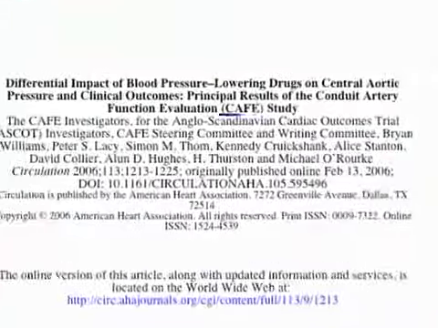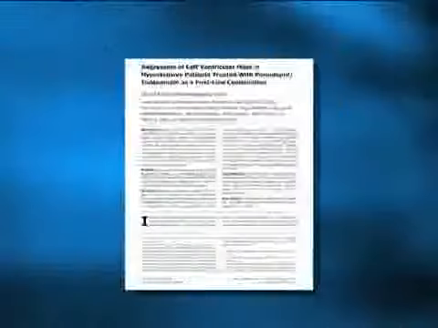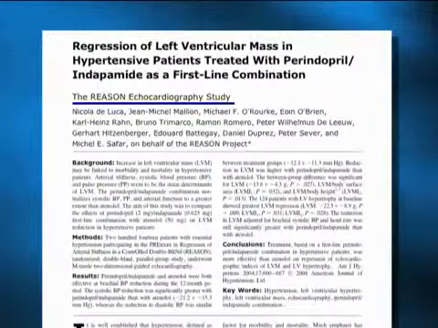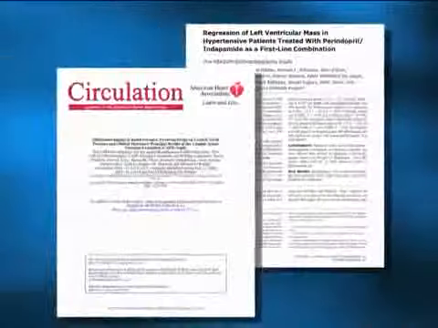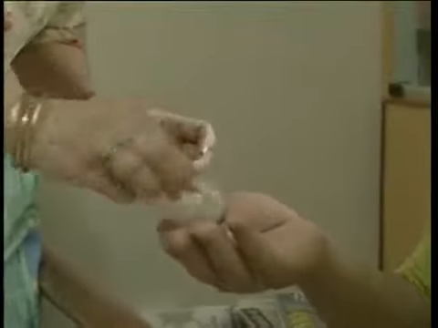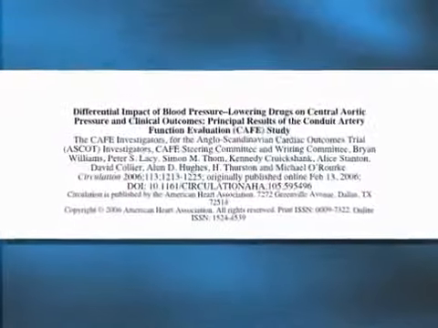What is the significance of having a higher central aortic pressure? There are big studies like the CAFE study. All these studies have shown that different drugs can affect the central pressure differently. For example, in the CAFE study, we have two groups of over 2,000 patients followed up for 5 years, kept at the same blood pressure level.